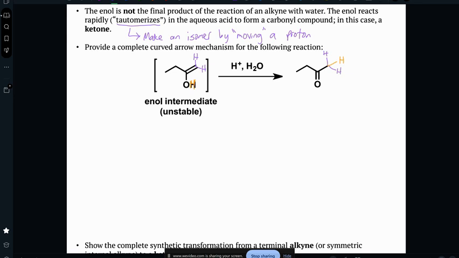So generally the way we'll do it is we'll add a proton on in one spot and then remove it from the other. So I have an alkene here, and I know that an alkene can go and grab a hydrogen by attacking with pi CC. So the first step here is going to be to have the alkene go grab that proton.